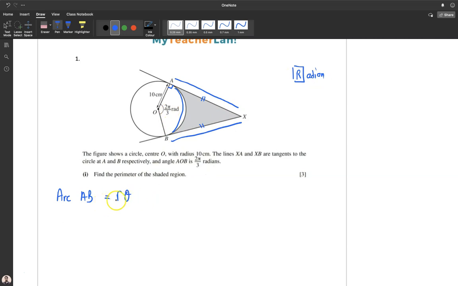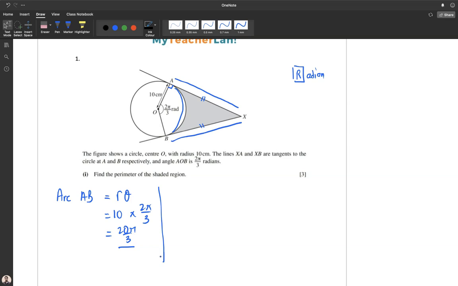All right, so r theta. The radius is 10, and theta is 2 pi over 3. Multiply them, and you will end up with 20 pi over 3. So let's just keep this first. That's the arc done.